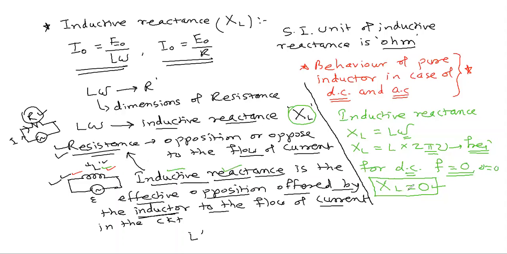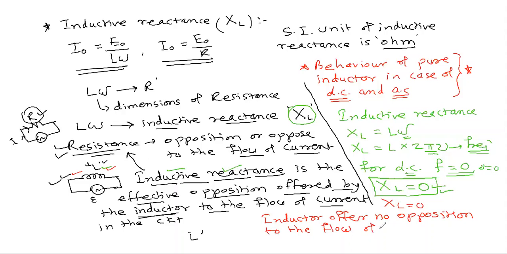This is a very important conclusion. Since X L is equal to 0, therefore the inductor offers no opposition to the flow of DC.